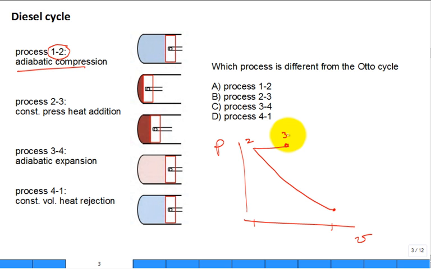Otto was very fast. Heat added, so they just said constant volume, all the heat's brought in. But the diesel, much slower combustion, you're spraying it in with the fuel injector, so it's constant pressure is the approximation. But then you cut off the fuel, and you're still expanding in the power stroke, and so you'll come down to state 4.